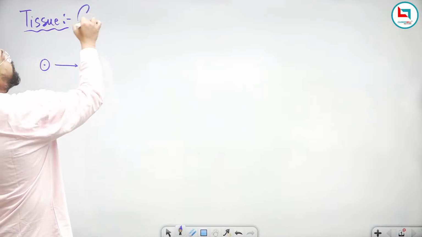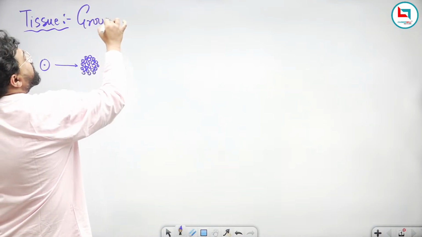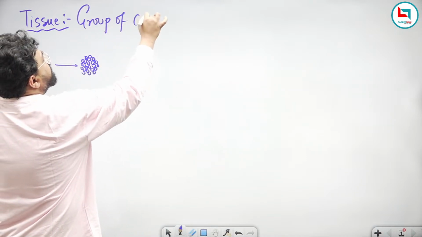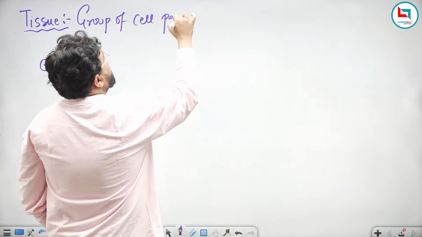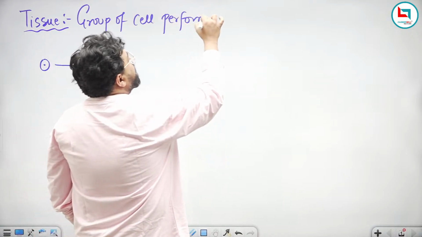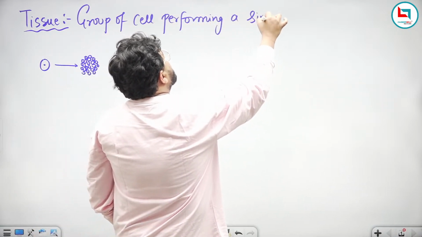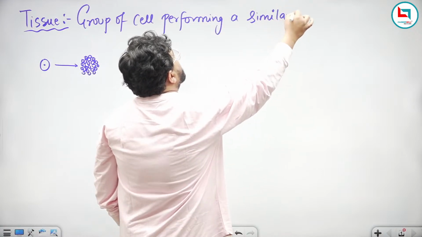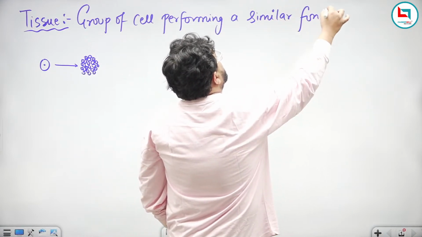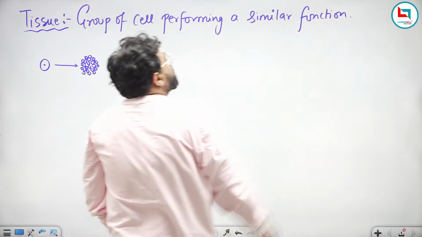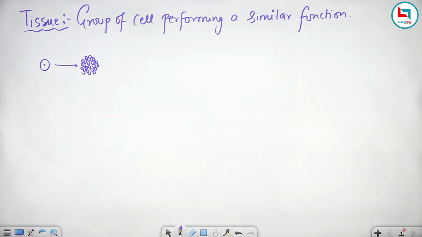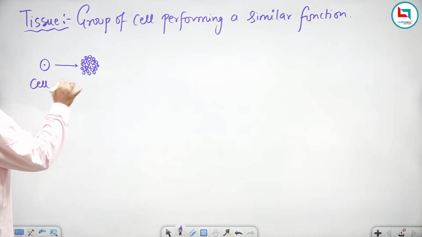So it is the group of cell performing a similar function. So basically, the group of cells which perform similar function are said to be as the tissue. So this is cell, this is tissue.